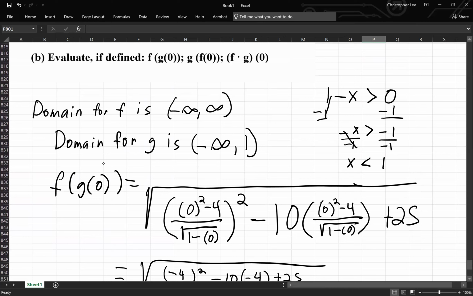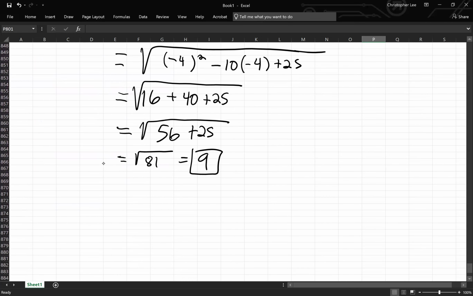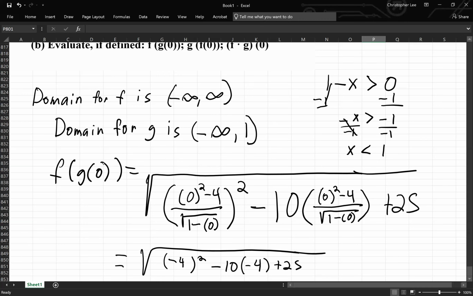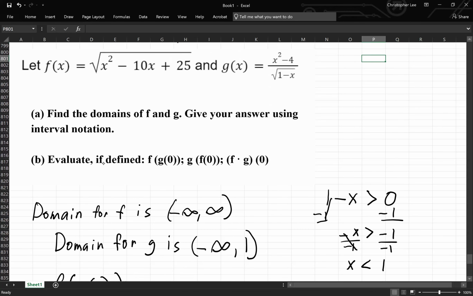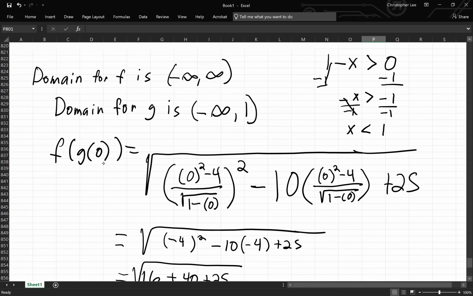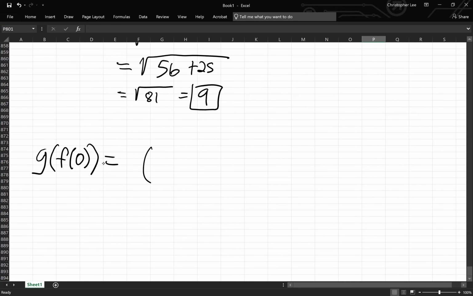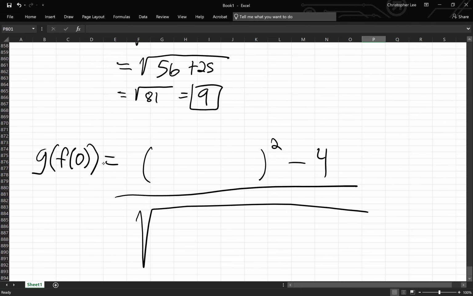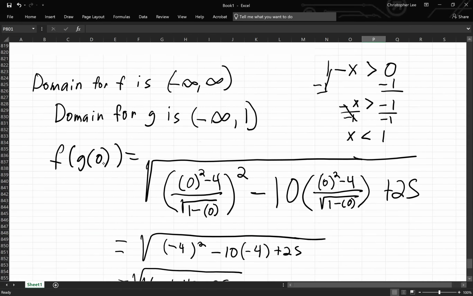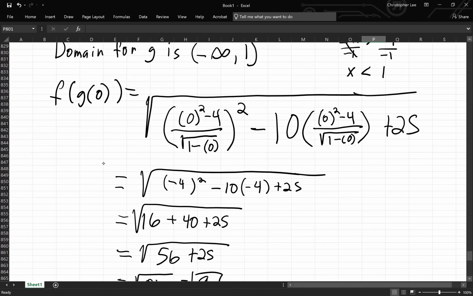Now let's do g of f of 0. So literally, what does that mean? That means I'm going to take f and plug that in for x in g, and then I'm going to plug a 0 into f on top of that. So let's start it off. This is going to be something squared minus 4 over the square root of 1 minus x.